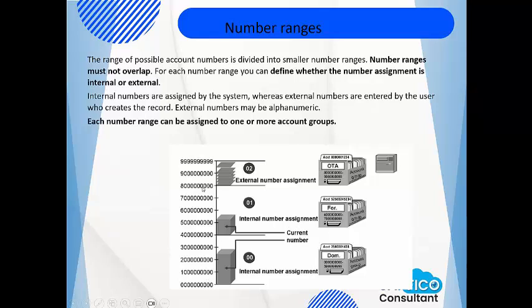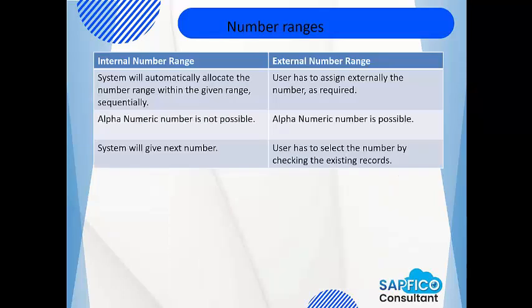A single number range can be assigned to all of them, or if required, we can also have separate number ranges for each of the groups. For example, here 00 is created for domestic, 01 is created for foreign, and for one-time we have an external number range, 02.